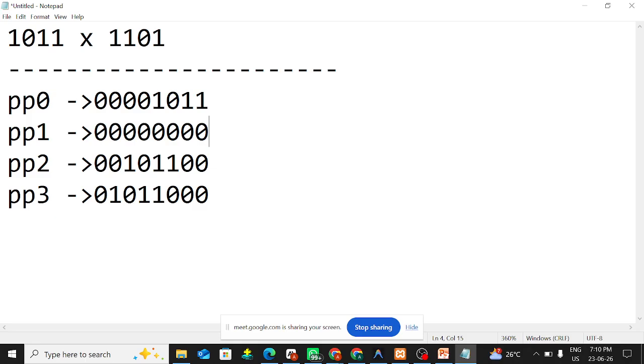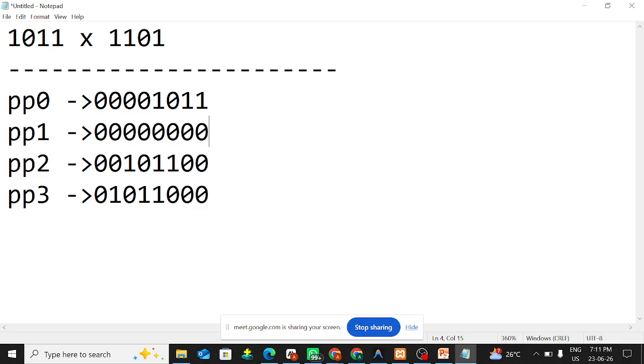Then you have only PP3 remaining. Now just think, sum 1 is one number, carry 1 is one number, and PP3 is one number. If you add these using another CSA, then you will get sum 2 and carry 2, right?